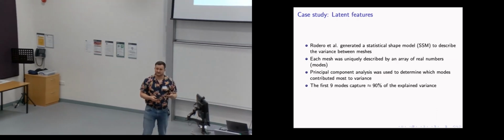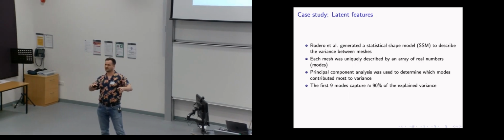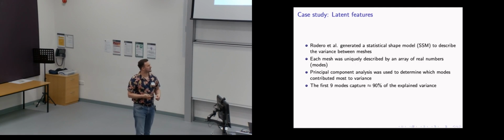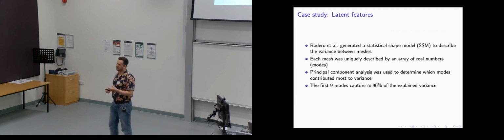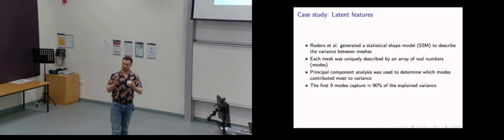And so then the latent features. Are there any more questions before I talk about latent features? No? Good. The latent features come from a statistical shape model that describes the variance between the meshes. As far as I understand, from the 18 meshes, Cristobal worked out where the location of an average heart would be, and then all the actual hearts get described by vectors in their relationship to the average heart.